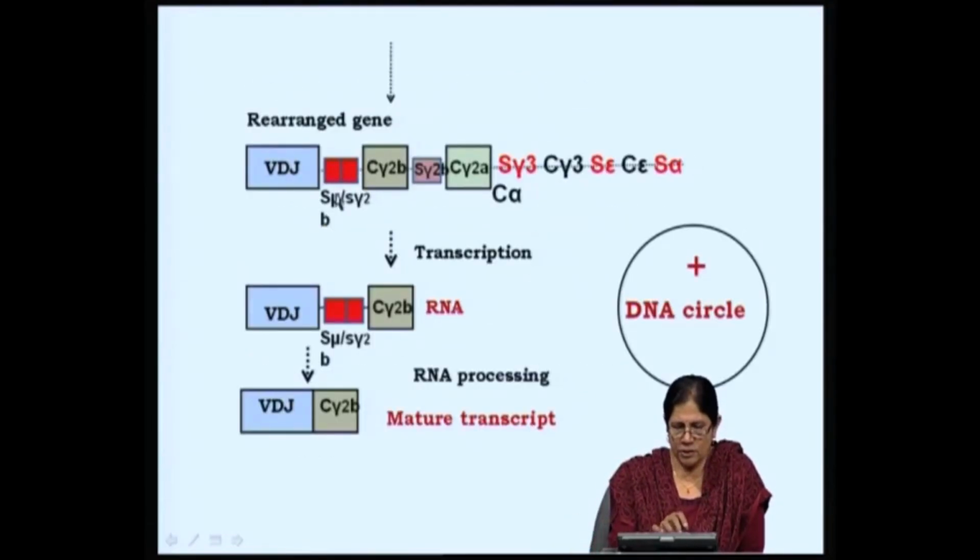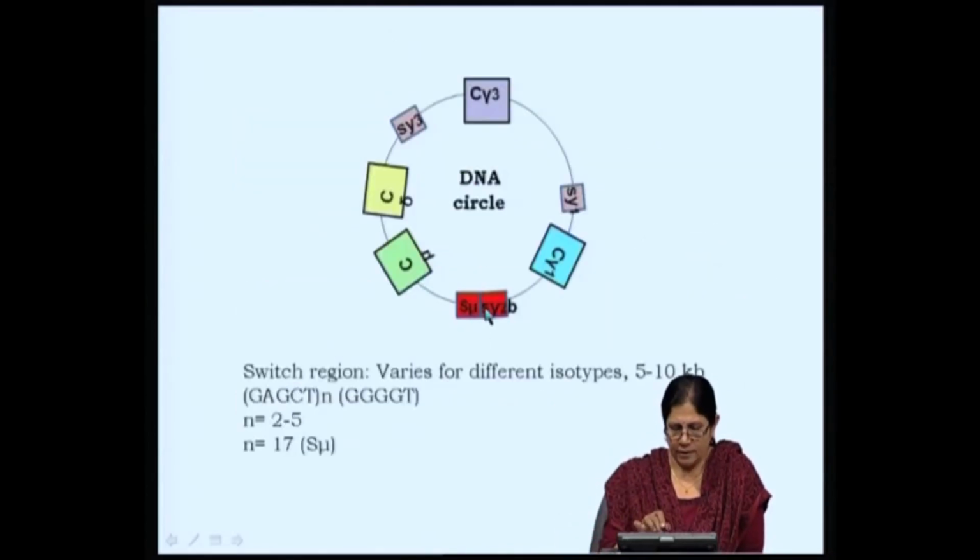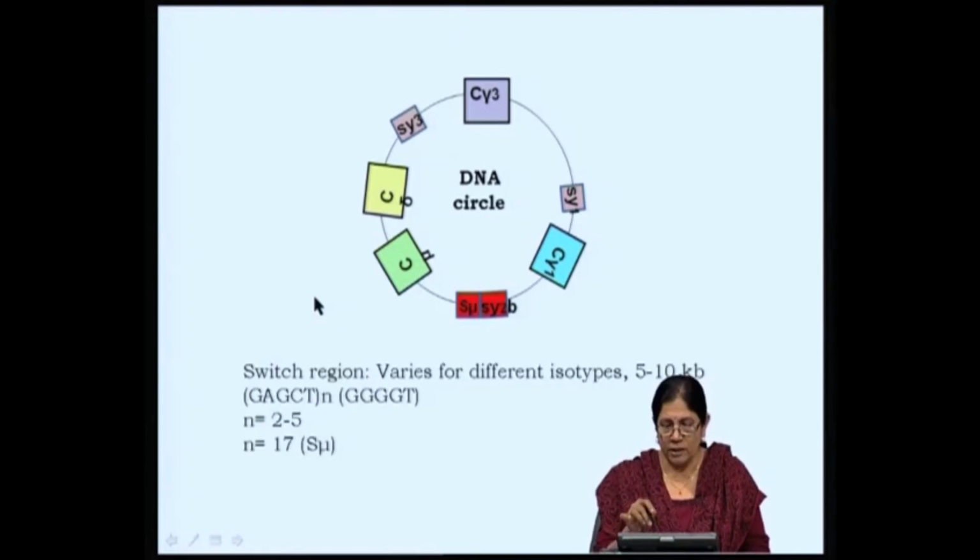S mu as well as S gamma 2B are a part here and a part would be there, which is seen in the next slide. When they are cut, these would not form circles by themselves, but the enzymes that ligate would not differentiate between the excised one and what is in the DNA, and therefore you will have these circles.